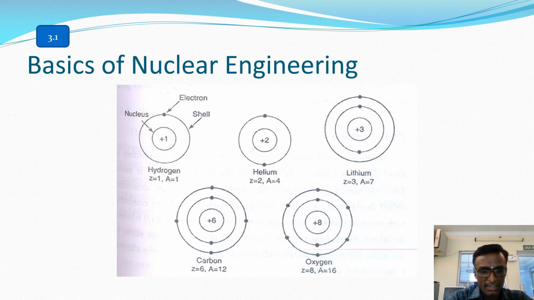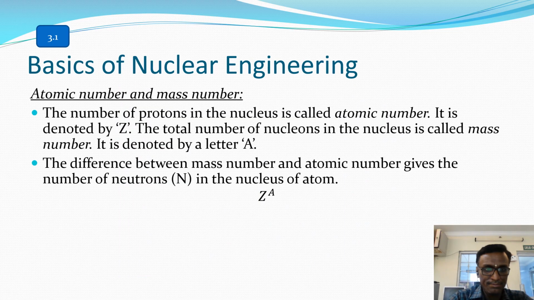You can see for hydrogen, the mass number is 1 and the atomic number is 1. And for helium, the mass number is 4 and the atomic number is 2. It keeps on increasing like that. For lithium and carbon, we have an increase in the mass number and the atomic number based upon the number of electrons available in the atom.